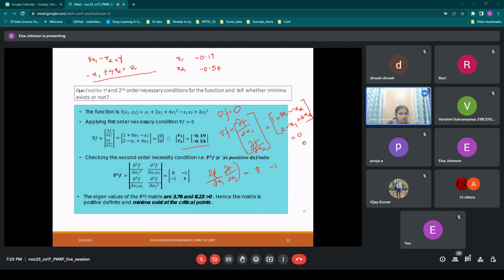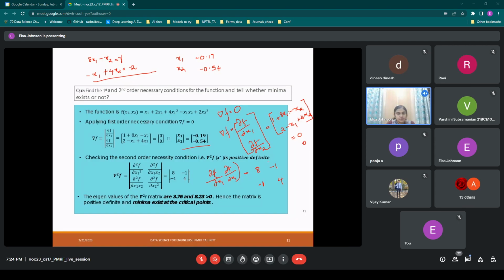This Hessian matrix is a symmetric matrix, so you don't have to calculate, but still the same value will be coming, minus 1. And then dou f by dou x2, again differentiated with x2, will give you 4. Is this clear for everyone? If you have doubt, please raise your hands or you can ask directly. So this is the matrix that we'll get.